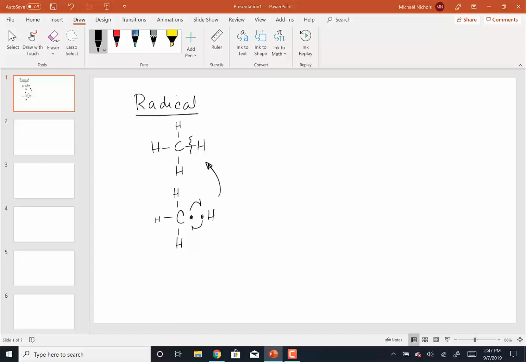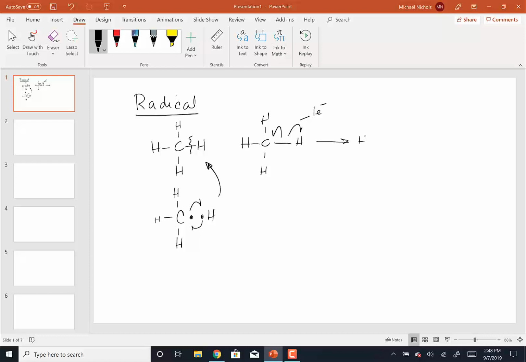So if I take my carbon-hydrogen bond and I break it apart, the way I would write that is I would simply write a fishhook to that hydrogen and a fishhook to that carbon. This means the movement of one electron, and the arrow shows where the electron is moving from to where it's moving to.